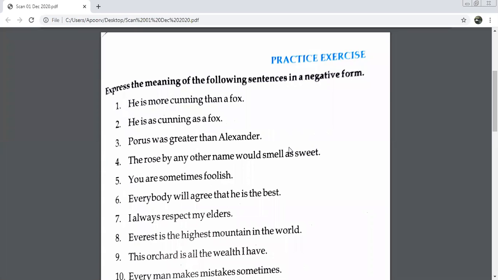Prepare the first 5, beta. Try to do only the first 5.